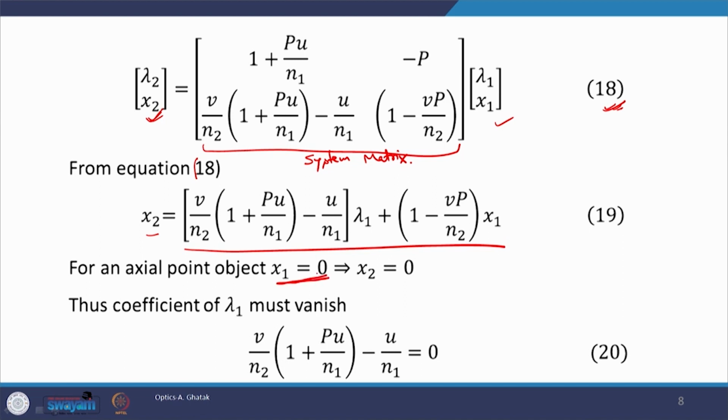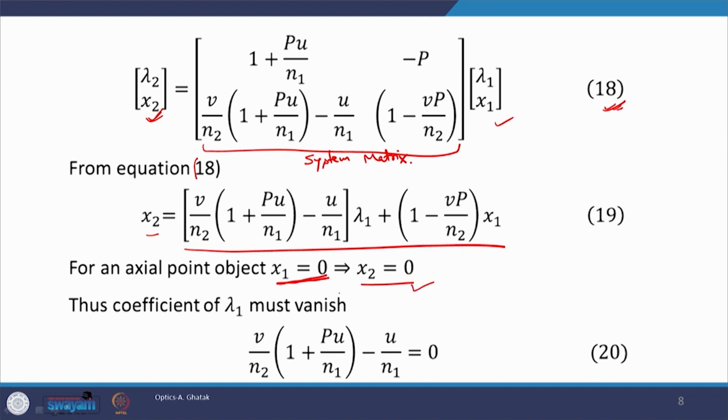Okay. And if our object is a point object which is on the axis of the system, this will lead to a point image. Okay. And since the image is a point image, therefore, x2 would again be equal to 0.